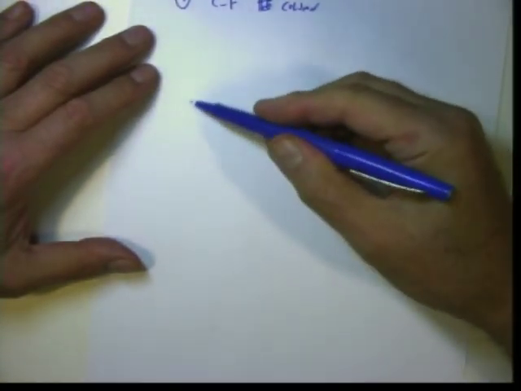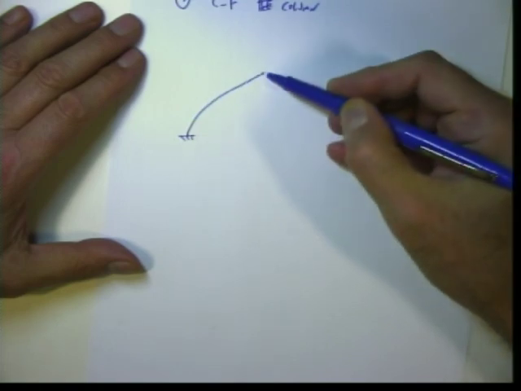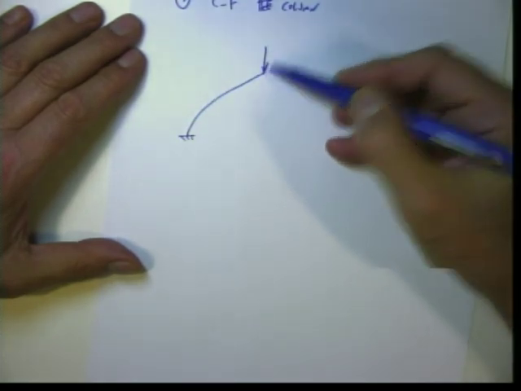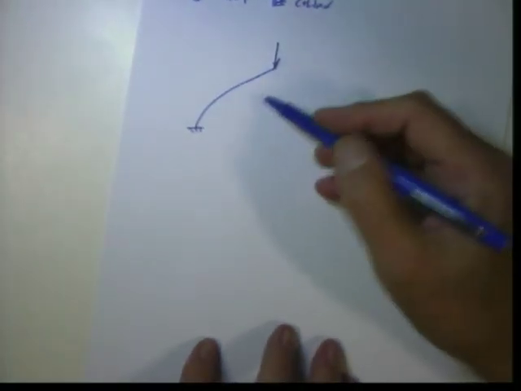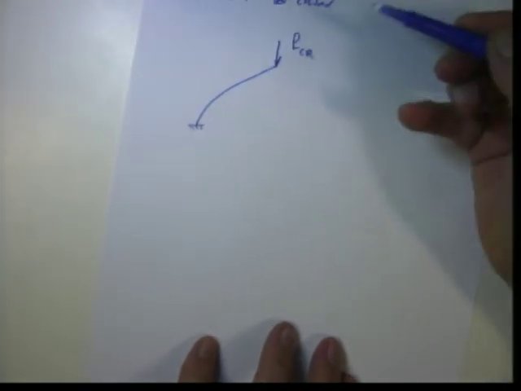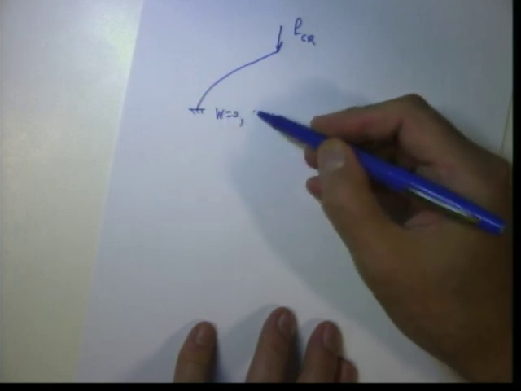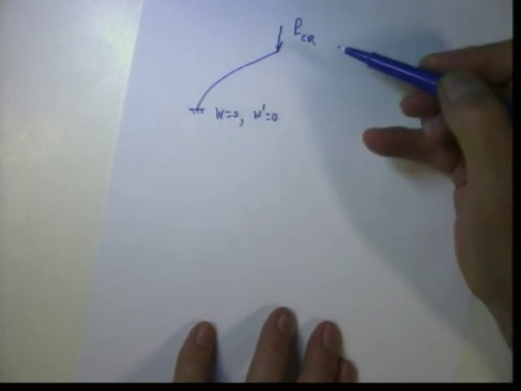Now, in the clamped free column, that is in buckling, so it is P critical. So if it is clamped, here W equals 0, W prime equals 0.